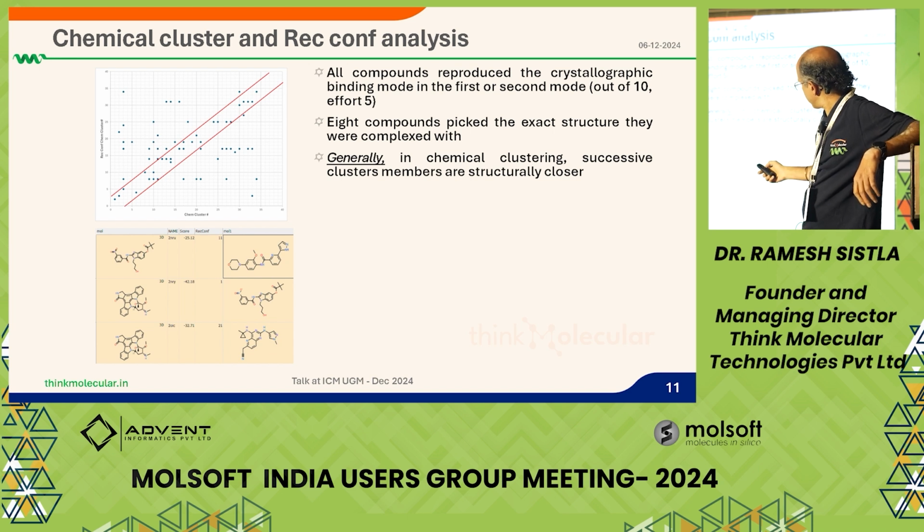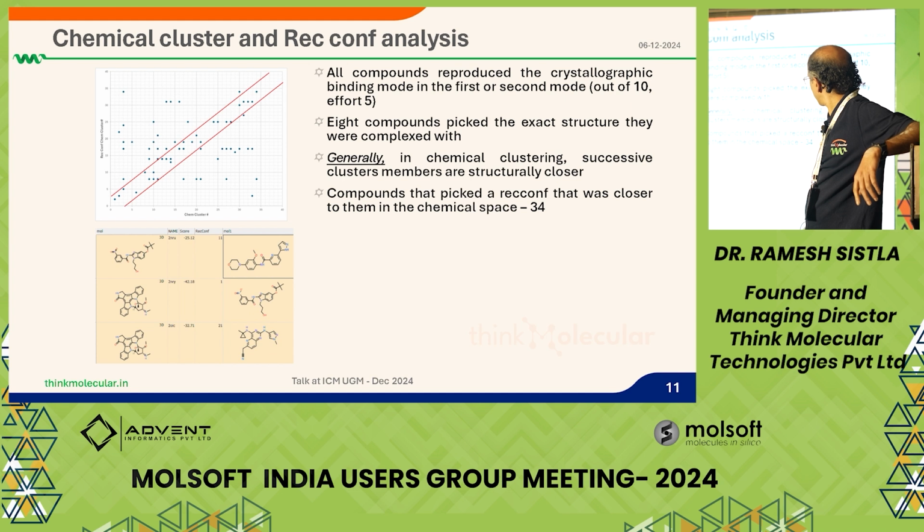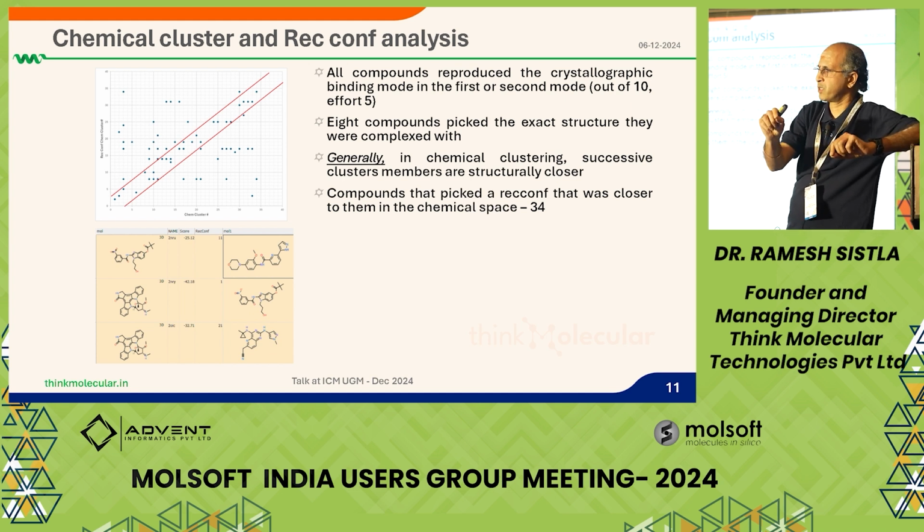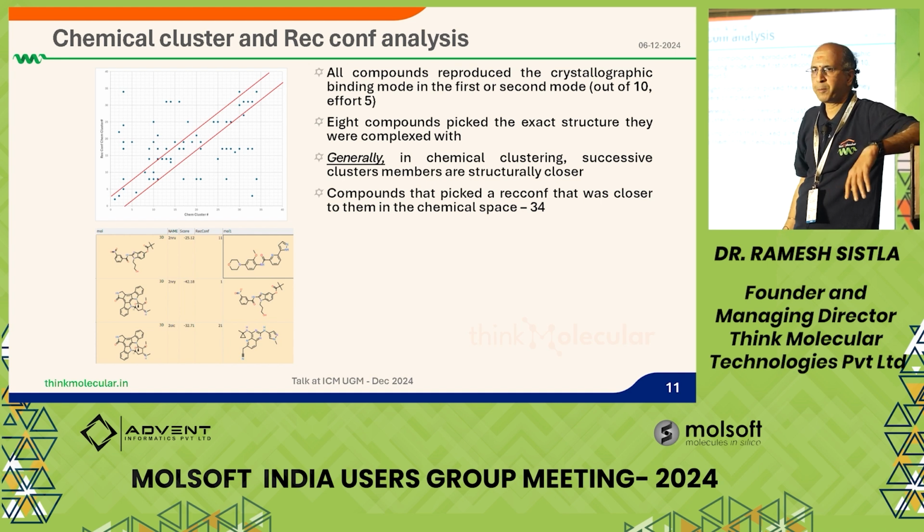That is what the red diagonal lines indicate. In that particular band you found 34 compounds. So while 8 compounds pick the exact cluster they belong to, about 34 compounds modeled into clusters which were close by.